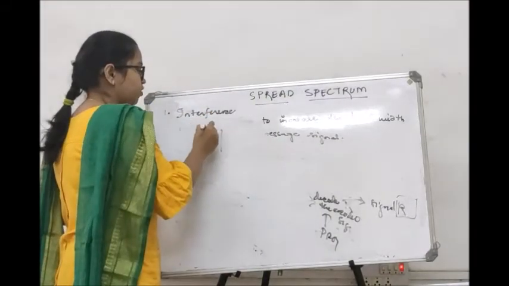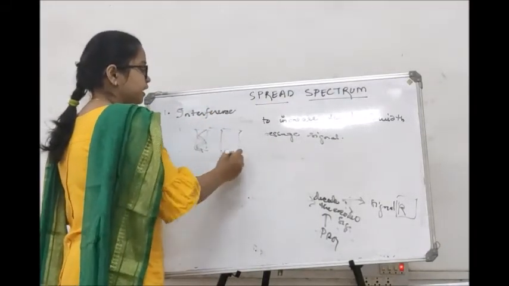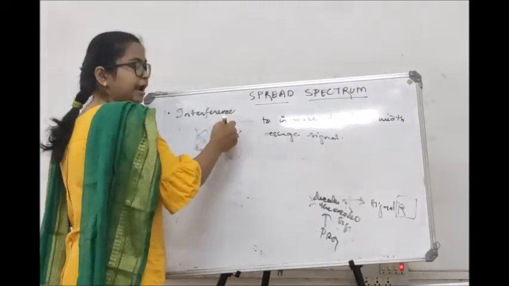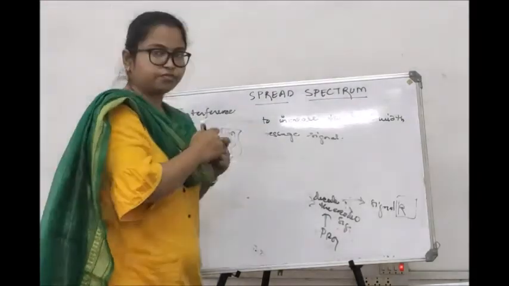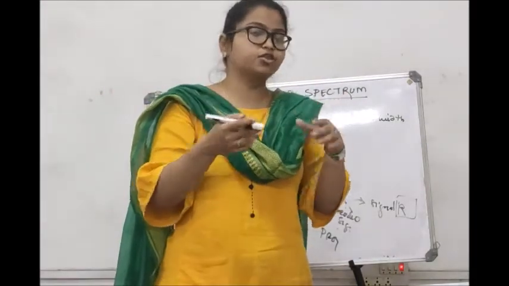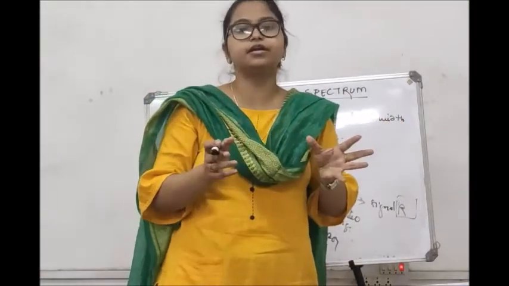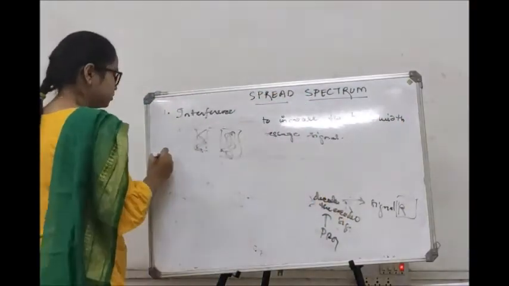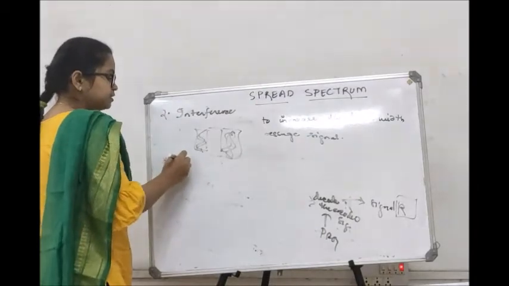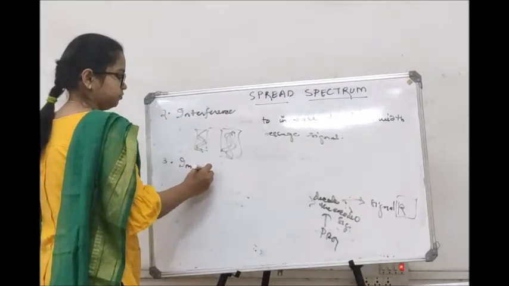See, it is secure. Now this is the random signal. Any other randomness wouldn't add to the code. Through the pseudo random code we can decode it. The third thing is that it is immune to distortion.